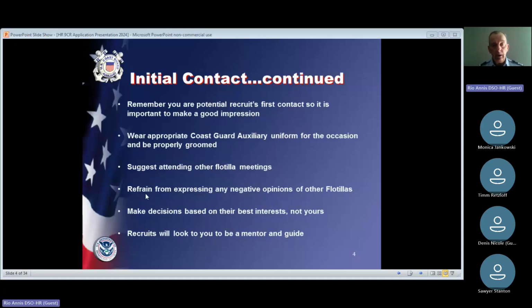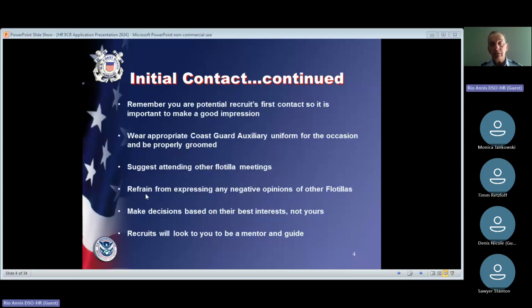We can suggest attending other flotilla meetings. That's not to say that yours isn't the best, but we want to give them a taste of others as well, because it's not what's in the best interest of your flotilla, it's what's in the best interest of this recruit or member. We want them to join the Auxiliary. If they join your flotilla, that's great.